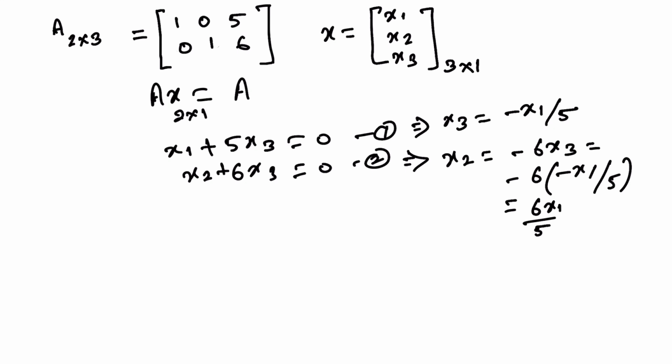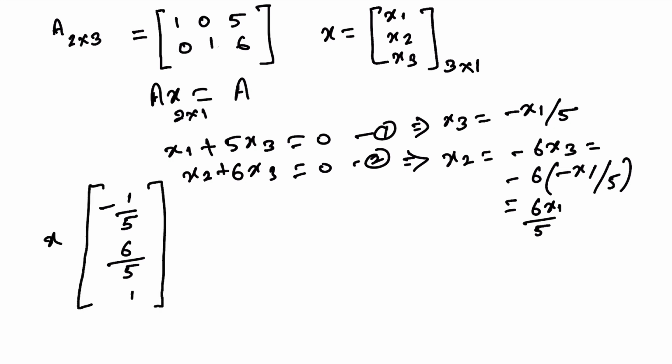So see, all values are in terms of x1, so x1 is minus 1 by 5, x2 is 6 by 5, and x3 will be 1. Actually we can multiply by some value k here, so minus 1 by 5, 6 by 5 and 1.